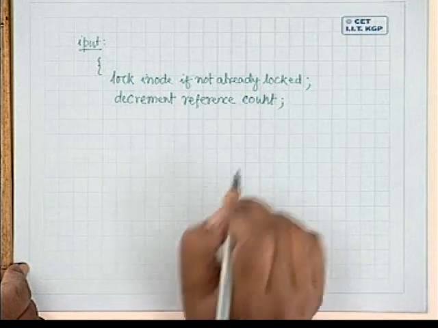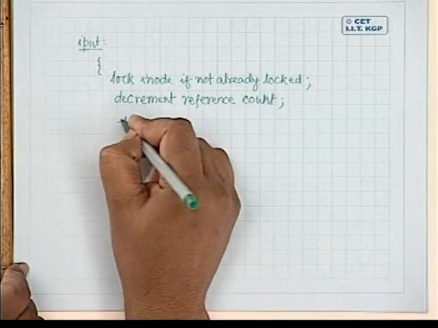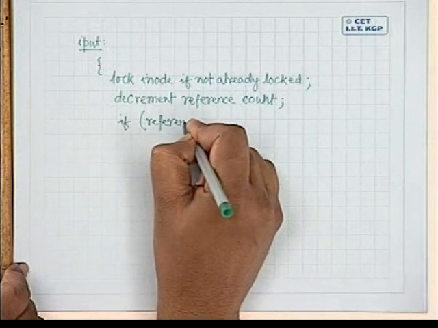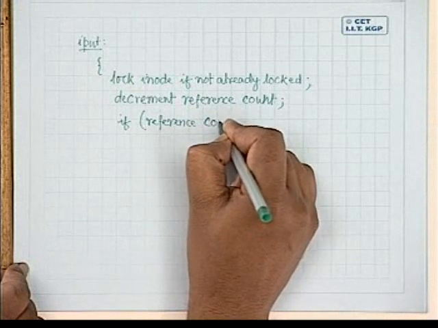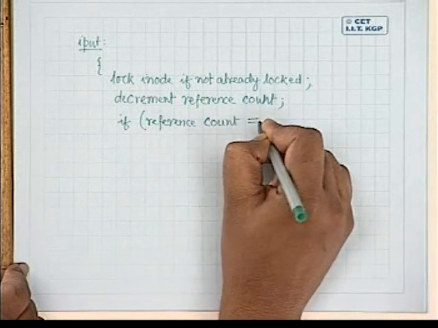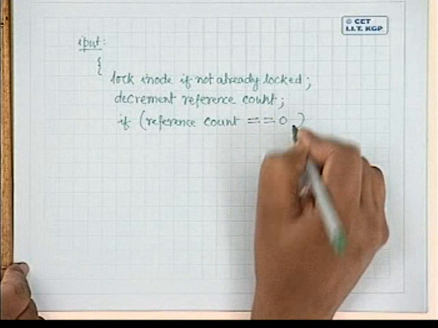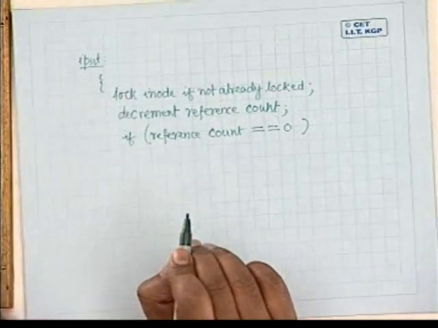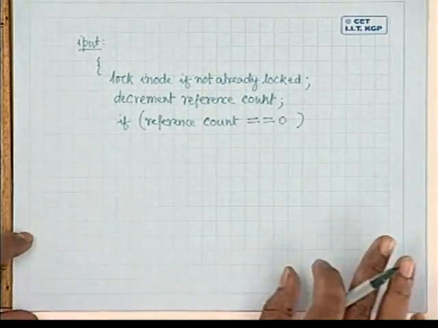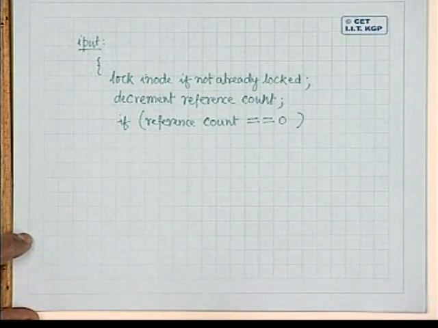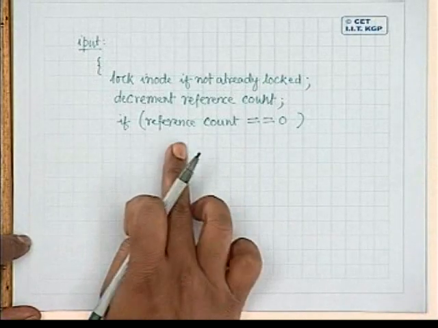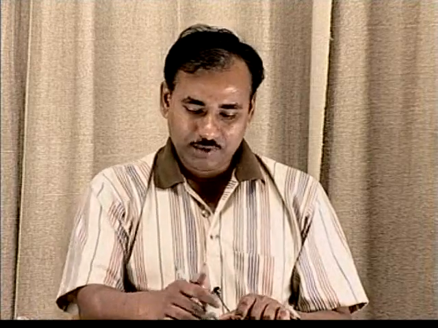After that you check if reference count is equal to 0. If reference count is equal to 0, in that case the inode has to be put onto the free list. Before putting it onto the free list, there is a possibility that this inode may be overwritten by a new disk inode, so I have to check.